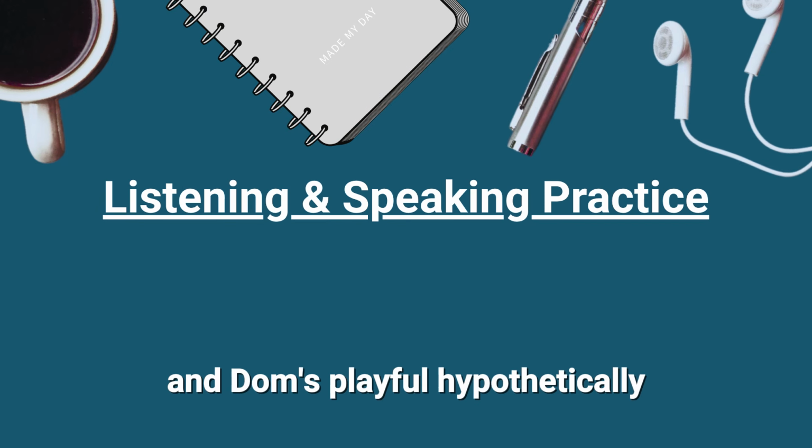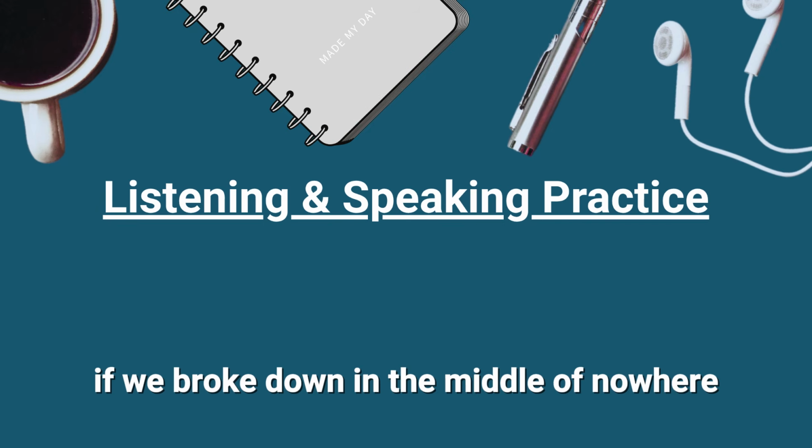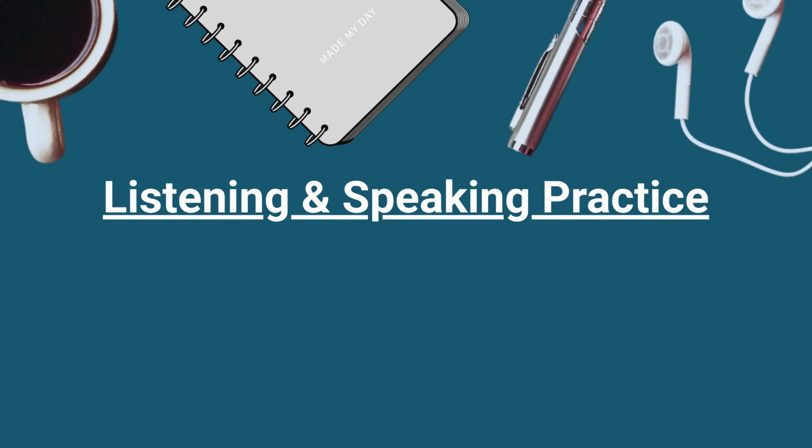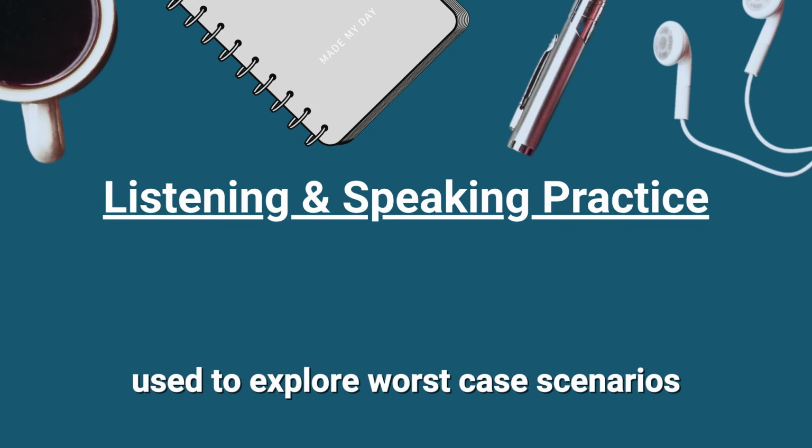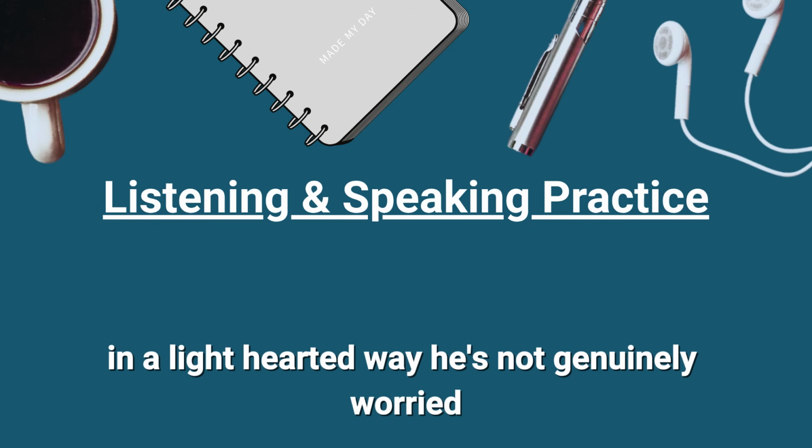And Dom's playful, hypothetically, if we broke down in the middle of nowhere, what would we do? Is the unreal conditional used to explore worst-case scenarios in a light-hearted way. He's not genuinely worried.